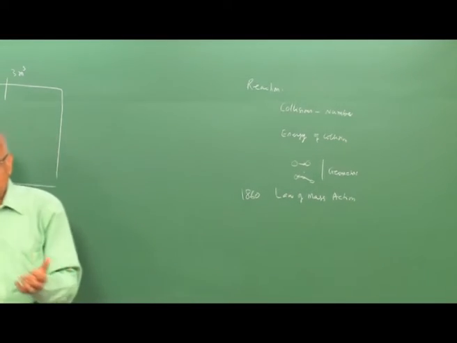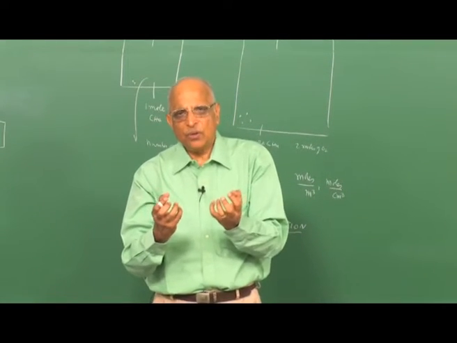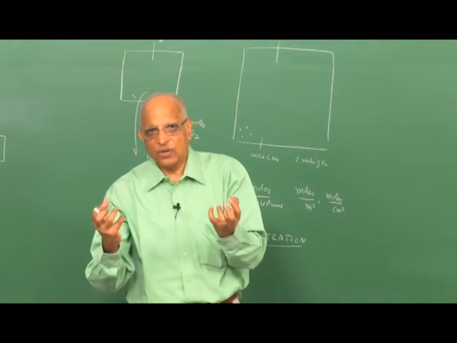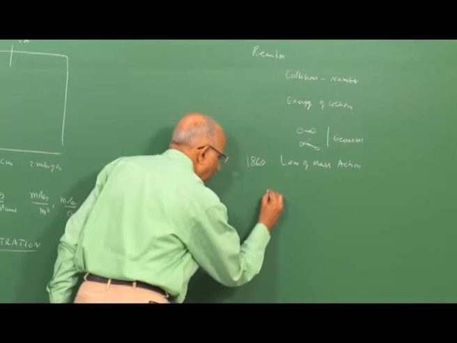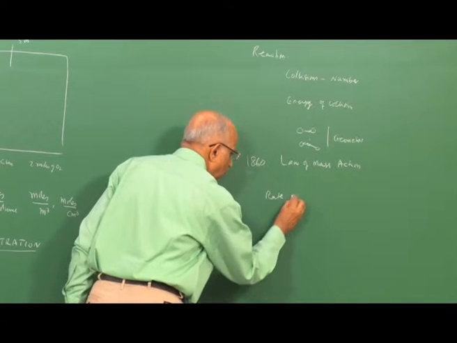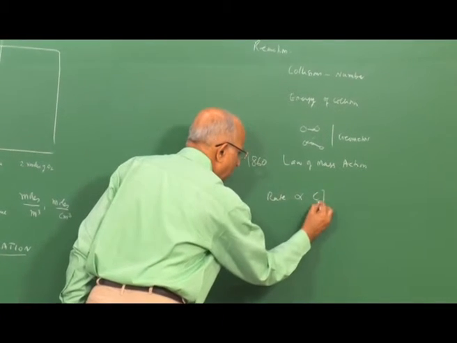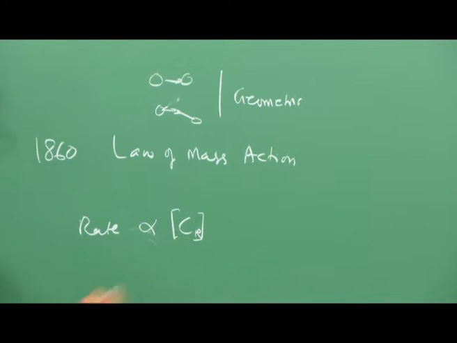In other words, whenever a chemical reaction takes place, the rate of the chemical reaction goes directly as the active concentration of the reactants. Rather, if we tell, well, my rate of a reaction is so much, it is proportional to the active concentration. I denote concentration by C, it is proportional to the concentration of the reactants.